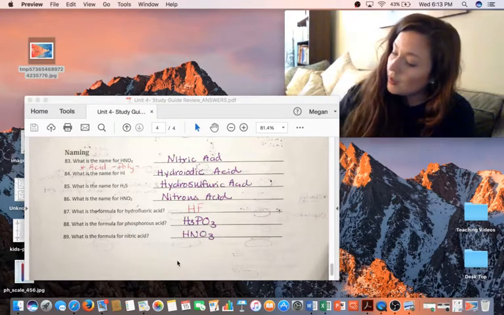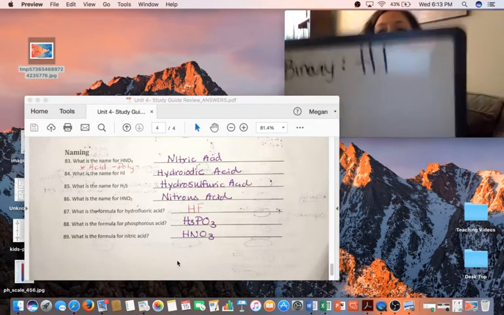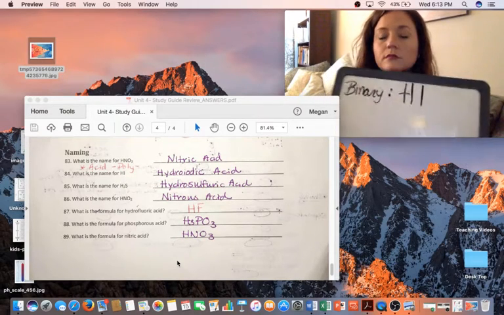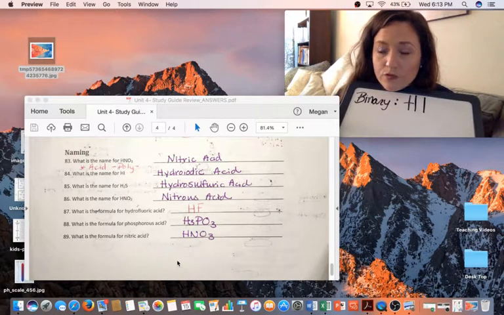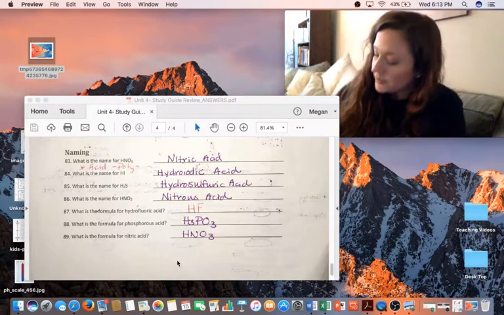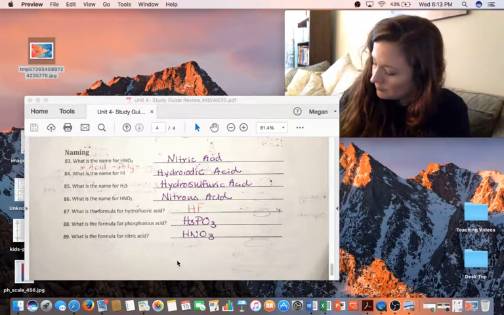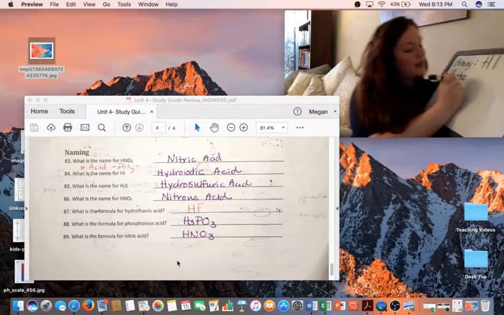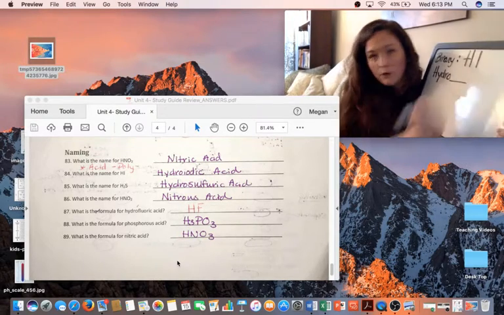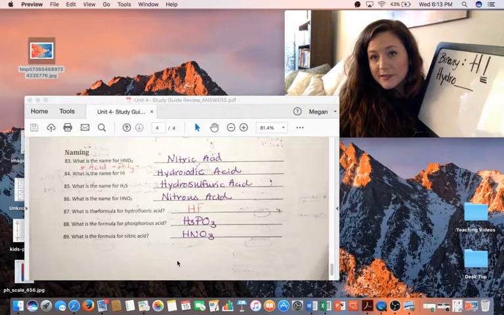So on our first, let's go to a good one. HI. Here we go. Hydrogen. Iodine. Let's talk about it. So you have H and you have I. Now, binaries are pretty simple because they're all structured the same. The first part, they're always going to have hydro. Then they're going to leave a blank spot for whoever this guy's prefix is.